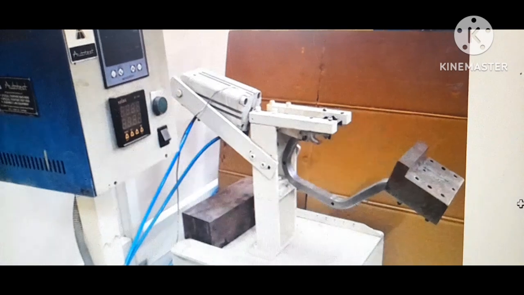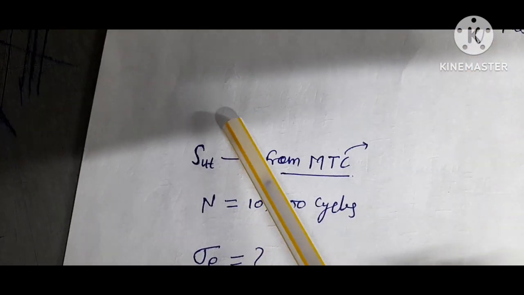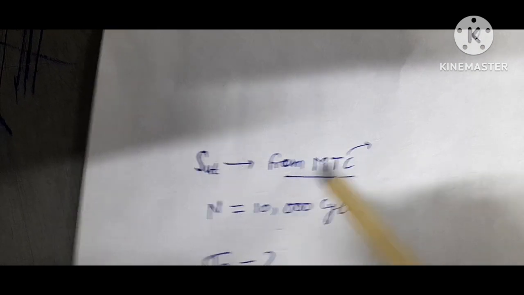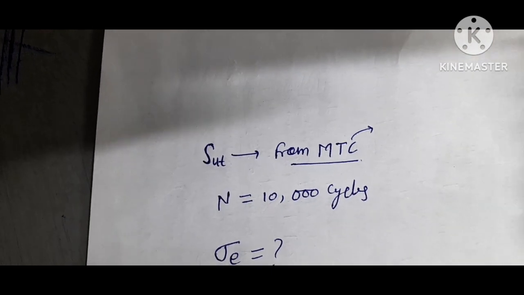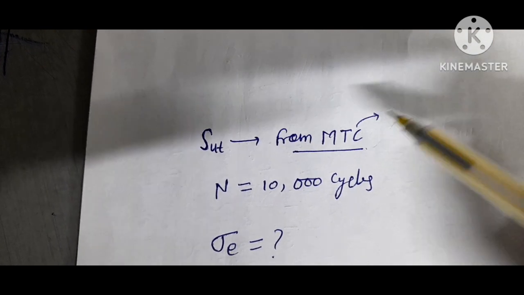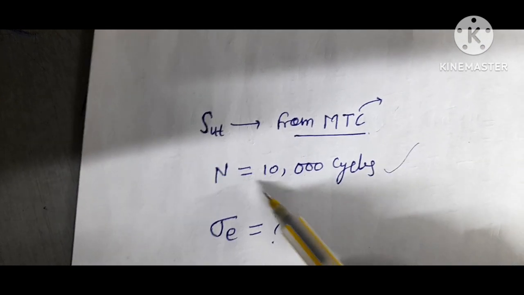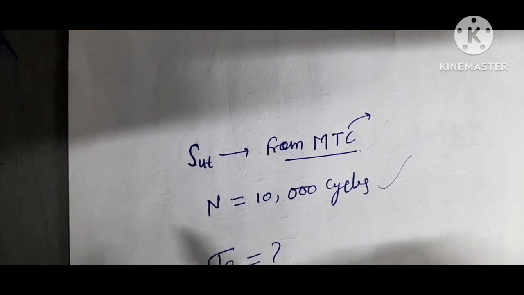This component has ultimate tensile stress sigma ut, and also 10,000 cycles. For a particular sigma ut and 10,000 cycles, we try to find out the endurance limit of that particular component.